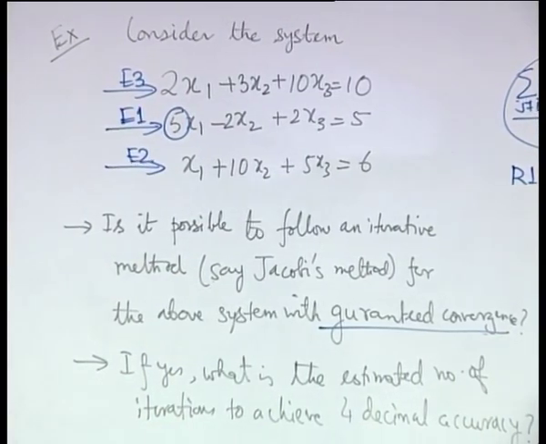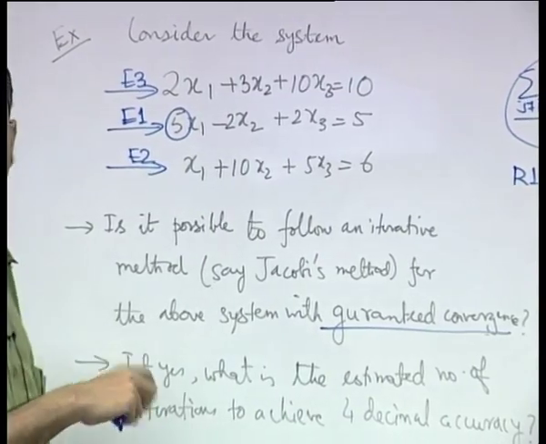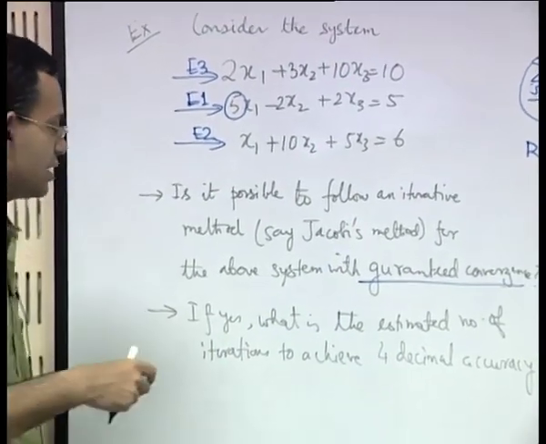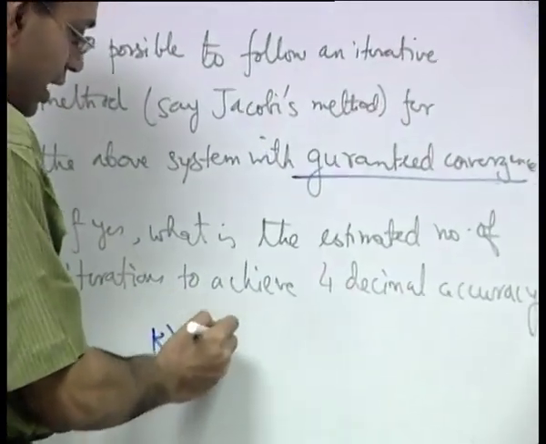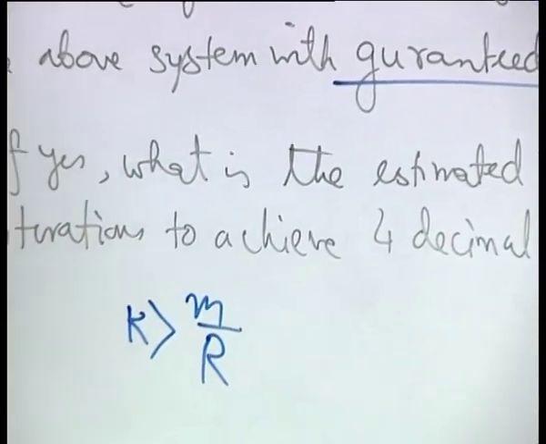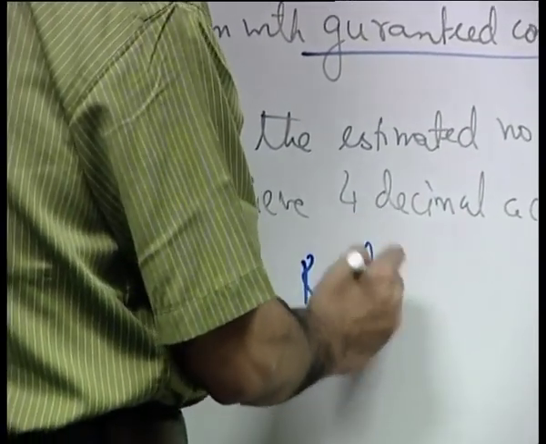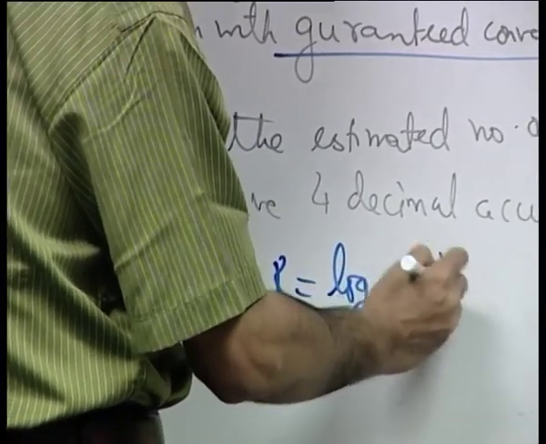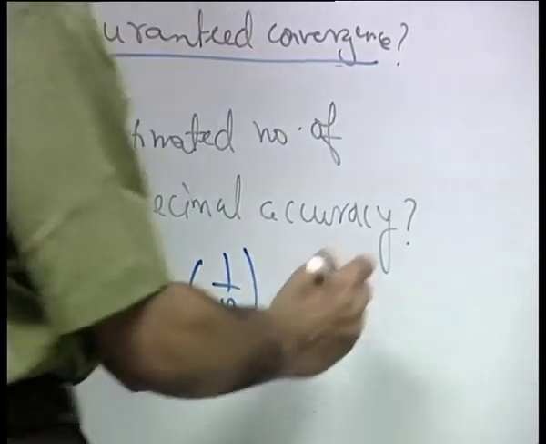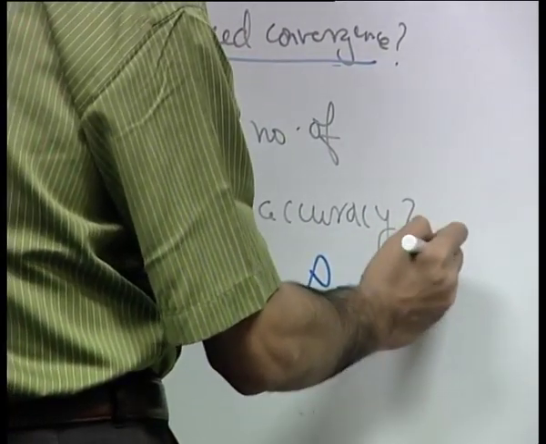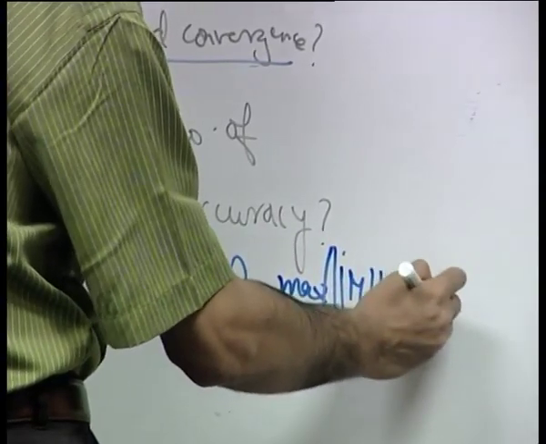Then the next part is very straightforward. Let us not move into it in more detail; we will just use the formula for k greater than m by the rate of convergence. So, for the rate of convergence, that is log base 10 of 1 by rho, and for rho you can take the maximum of either the row sum norm or the column sum norm.